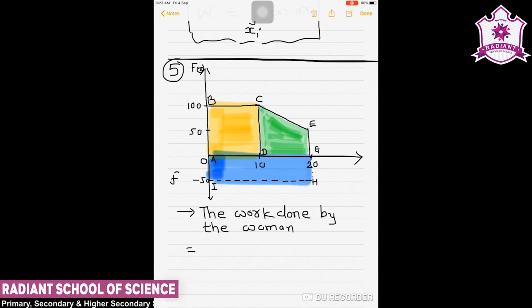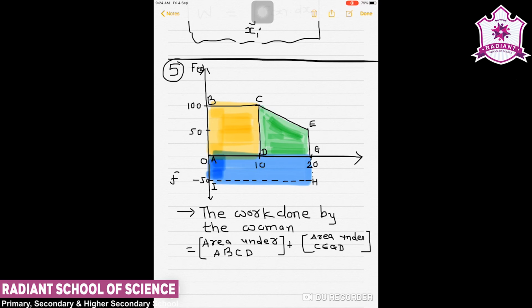So we can say that it equals the area under ABCD and then the area under the trapezium CEGD.